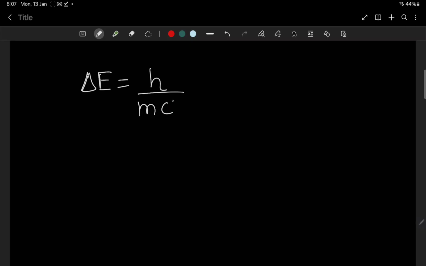Sorry, delta E is equal to hc by lambda, because it is happening in air itself. You know that this is a normal equation.